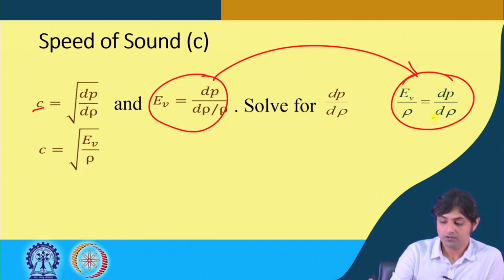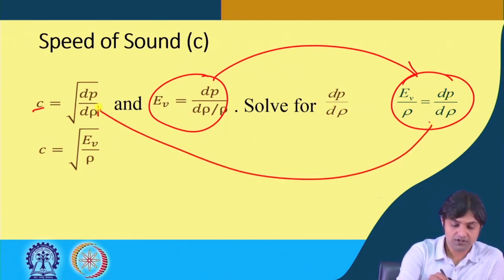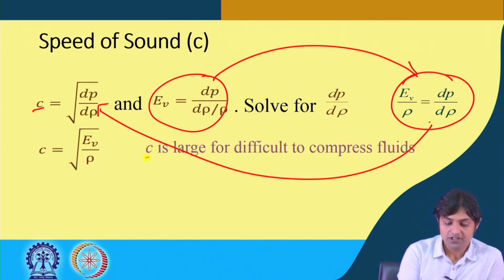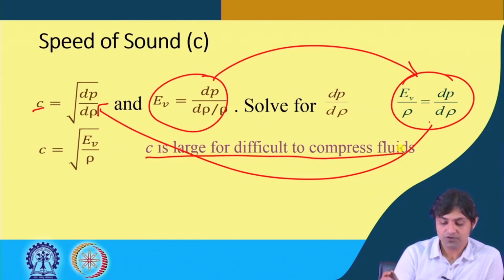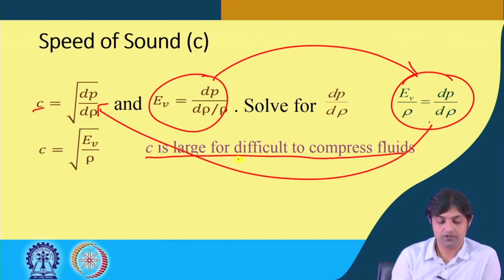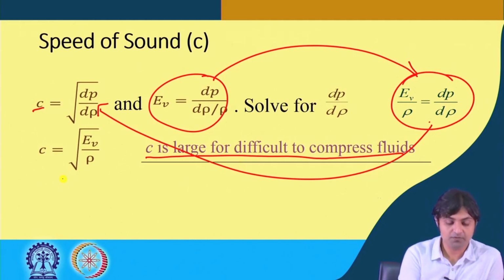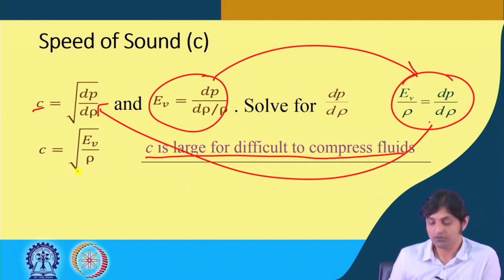Therefore, if we put this equation in this equation, then we can get C as the square root of EV by rho, where C is generally very large for fluids. It is very difficult to compress fluids, because EV in case of fluid, the bulk modulus, is too much. So if we know this equation and we know what type of process is there, we should be easily able to find out the speed of sound.